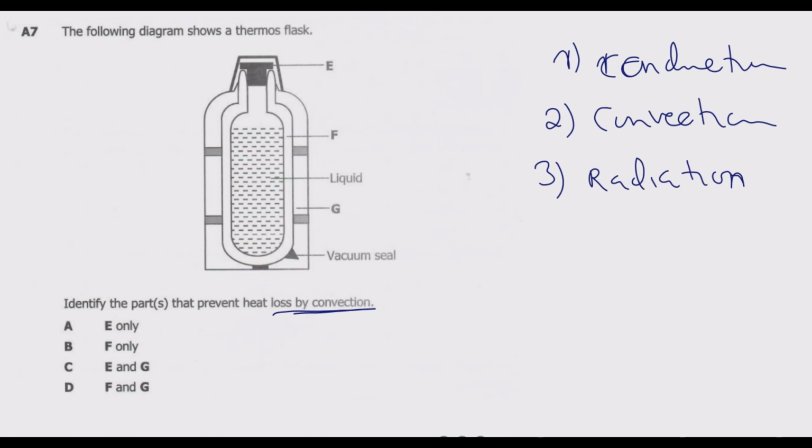Talking about conduction, this is the transfer of heat energy through direct physical contact between objects. If you put a pot on a stove, the hot plate will transfer the heat energy to the pot for the water to start boiling. That's physical contact between objects, and that's conduction.